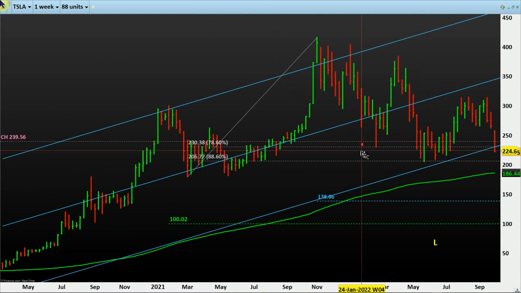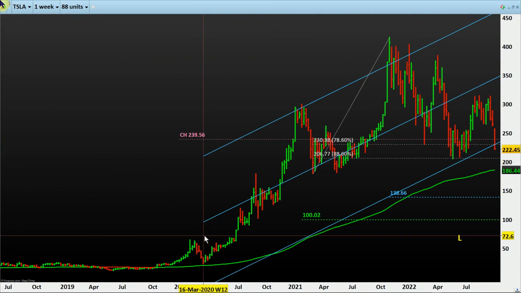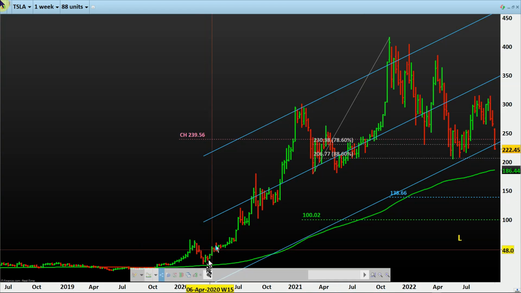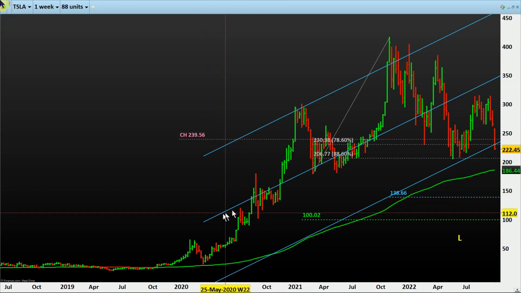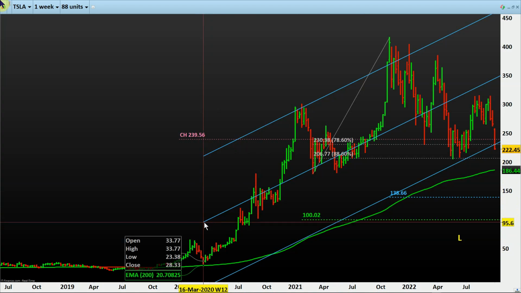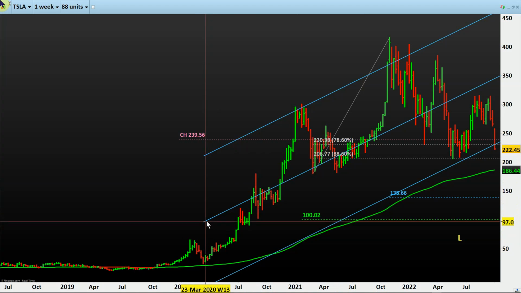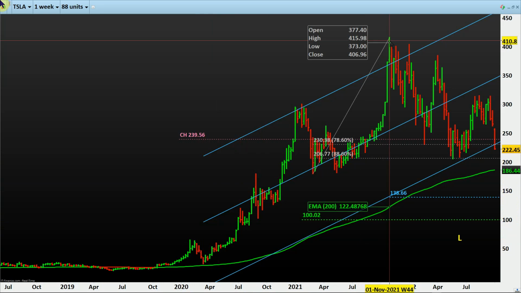Weekly, because this channel has been going long from 2020, from COVID. This COVID channel runs from the low of March 2020, the COVID low, to the inflation high. The start of the inflation is here, 1st of November 2021.